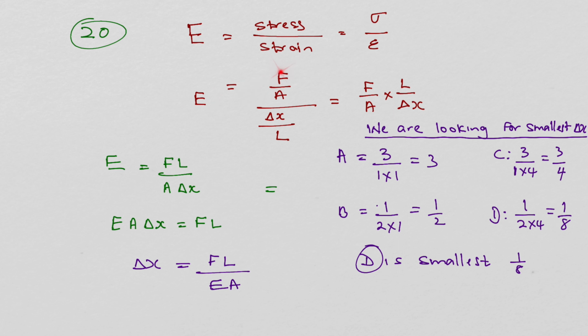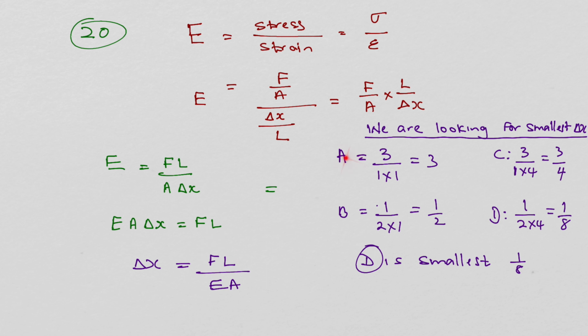Stress is force over area, and strain is extension over length, and we rearrange that. We get E to be F times L over A times extension. Now we're making extension the subject. We get FL over EA. But F is constant for all four conditions.